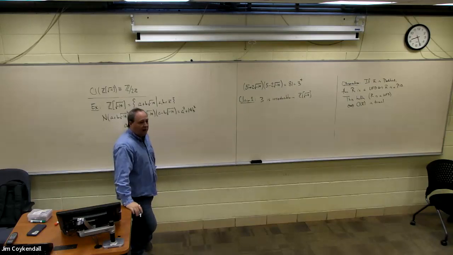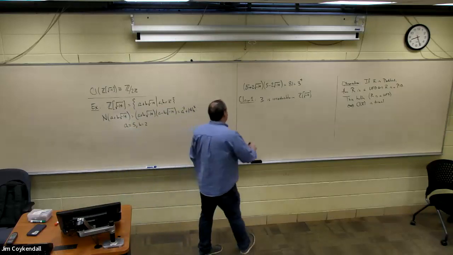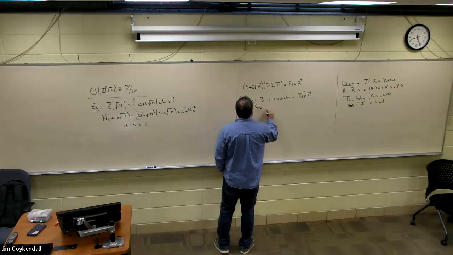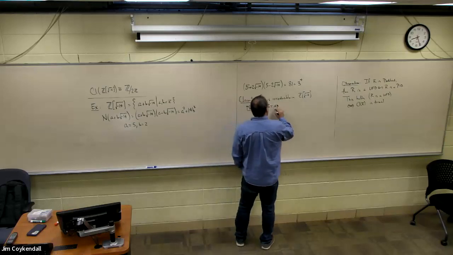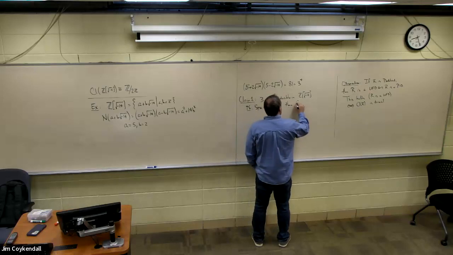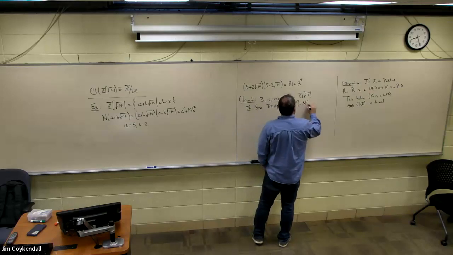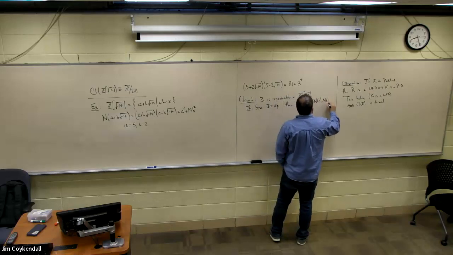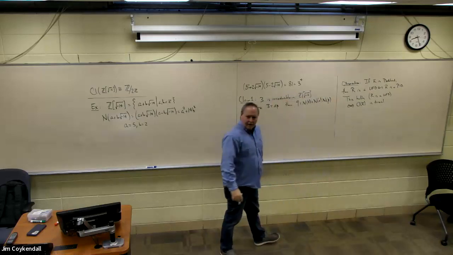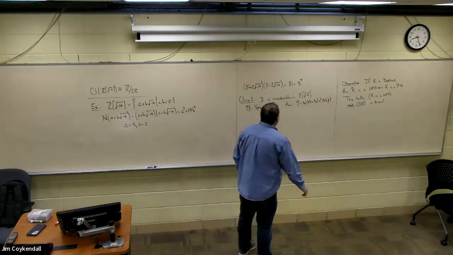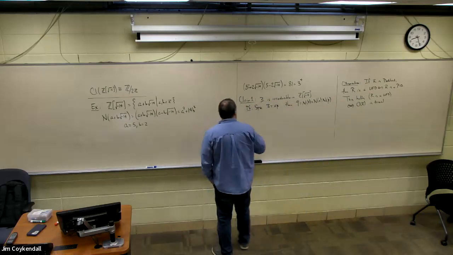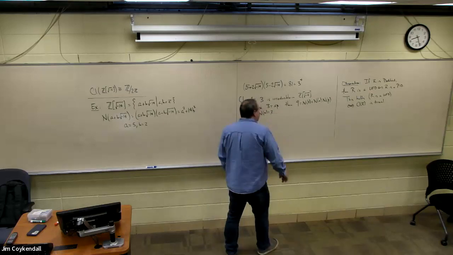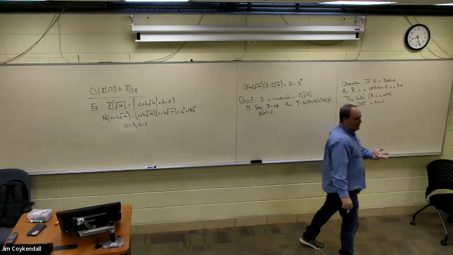Right, that's exactly right. And so to be interesting, you'd have to have a proper divisor, because the only divisors of 9 are 1, 3, and 9.